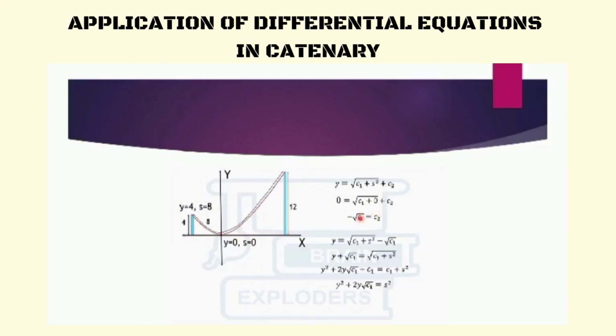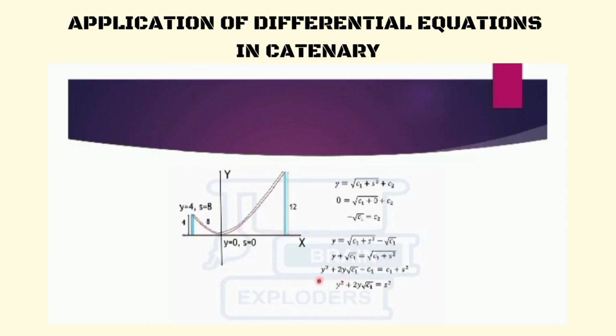Transposing the equation, negative square root of c1 is equal to c2. So y is equal to the square root of c1 plus s squared minus the square root of c1. Transposing the negative square root of c1 to the y so that it would be positive, y plus the square root of c1 is equal to the square root of c1 plus s squared.